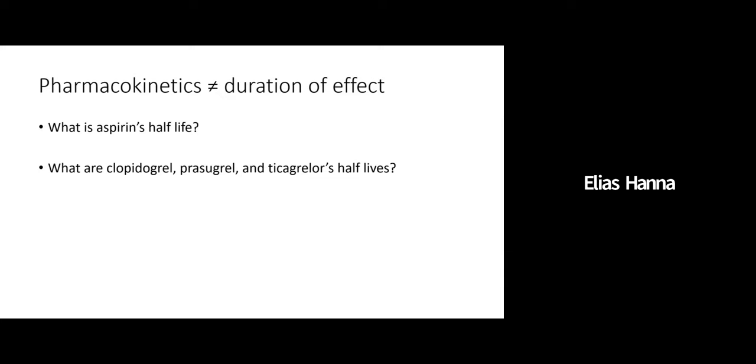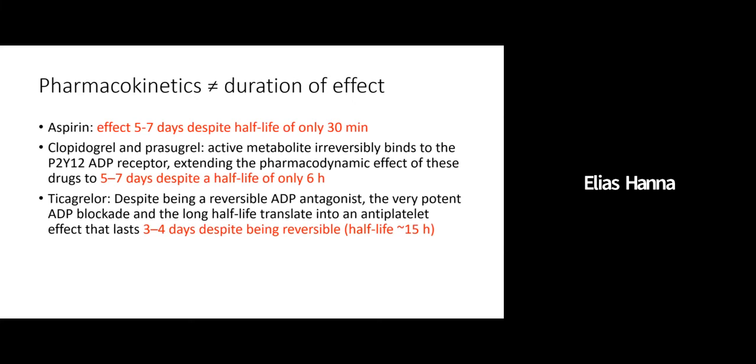Unlike what a lot of people think, most people, when I ask them what's the half-life of aspirin, tell me, I don't know, 5 days, 7 days. That's incorrect. The half-life of aspirin is only half an hour, actually. But this is the difference between half-life and duration of effect.